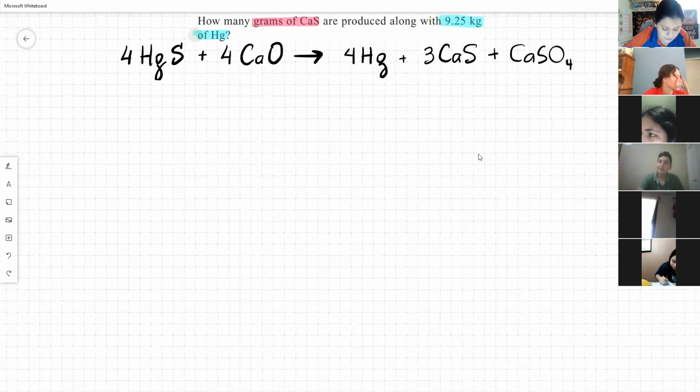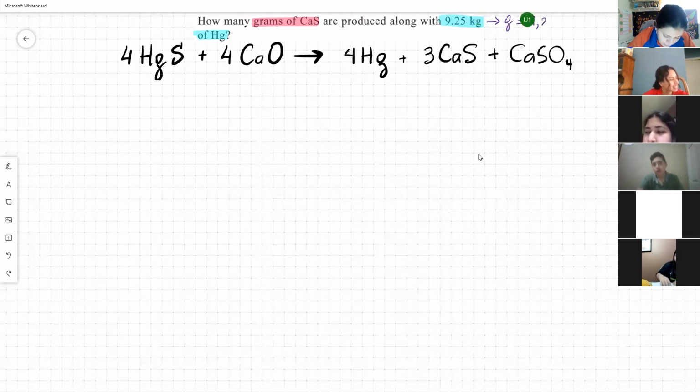So as I told you, step 0 is going to be to convert from kilograms to grams. When you do that conversion, this is going to be 9,250 grams of mercury. And now this is going to be your given, okay? Is that what you got in the conversion? It should be, okay? It's just multiplying times 1,000.